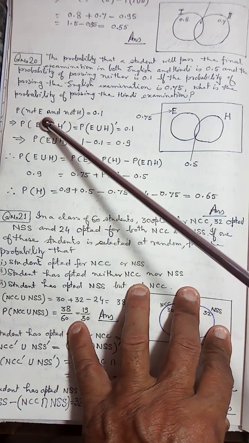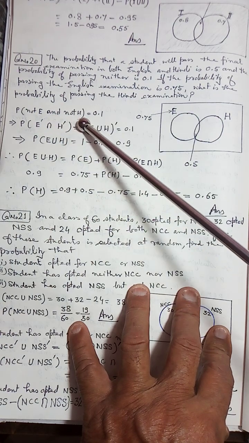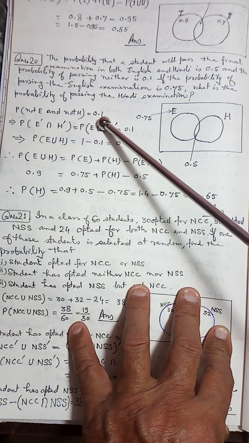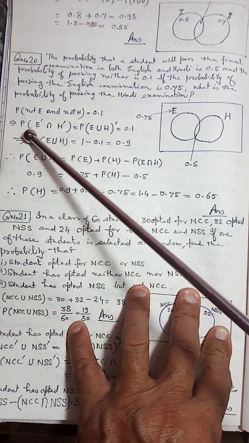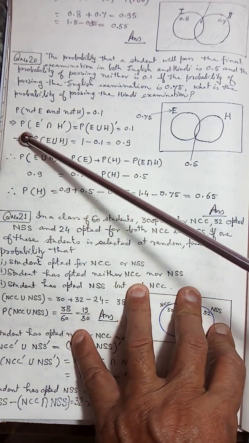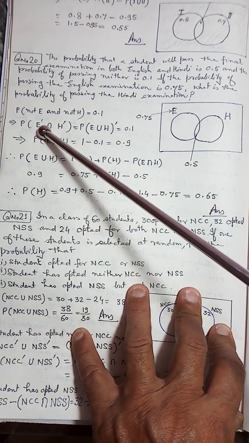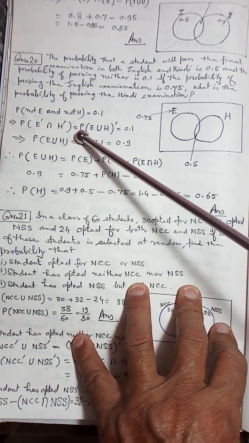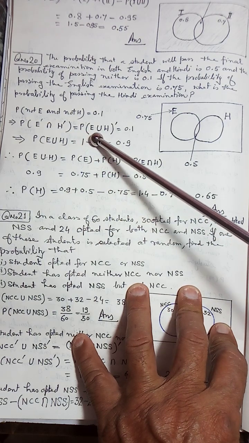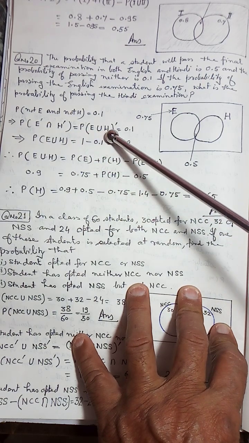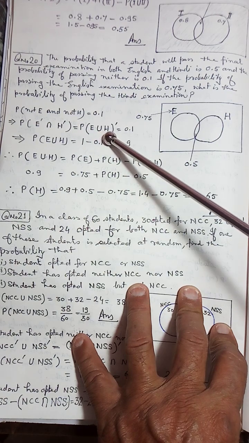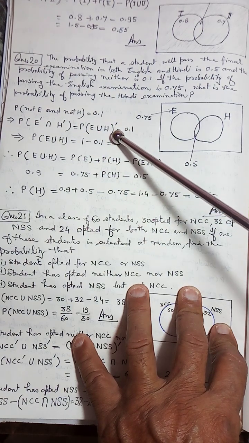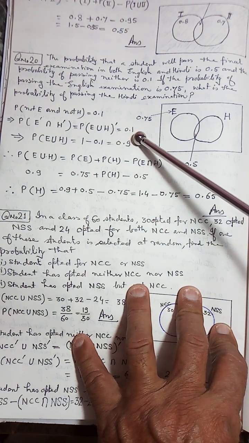Probability of not E and not H, that is not English and not Hindi, is 0.1. It is given. So from De Morgan's theorem, probability of E dash intersection H dash will be equal to probability of (E union H) dash, where dash means complement, that will be equal to 0.1.